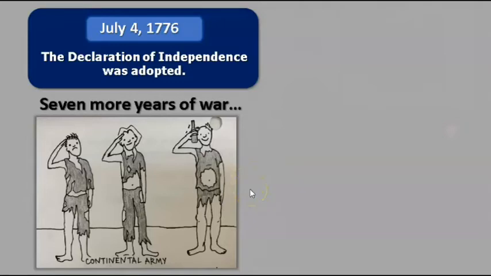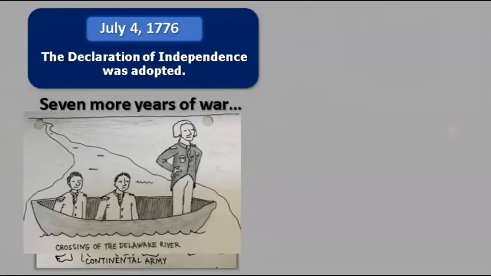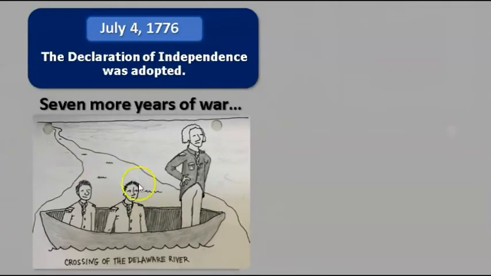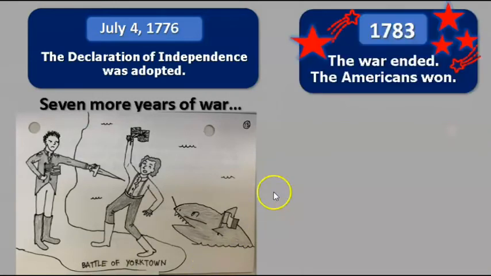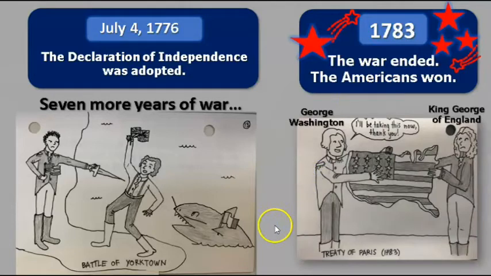In school, students learn all kinds of interesting things about the war, some of the major events of the war, like the crossing of the Delaware, the Battle of Yorktown. Finally, the Americans won after 7 years, and the United States was independent from the British.